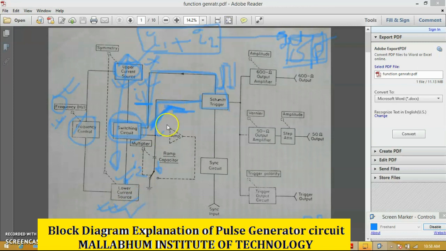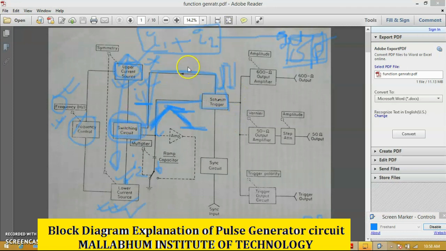Now as soon as the lower circuit is on, the capacitor starts discharging like that. As soon as it reaches the predetermined level, negative, that means the lower level of the predetermined level set by the circuit component, then again the Schmitt trigger changes its state. As soon as the Schmitt trigger changes state again, the upper circuit is again on.